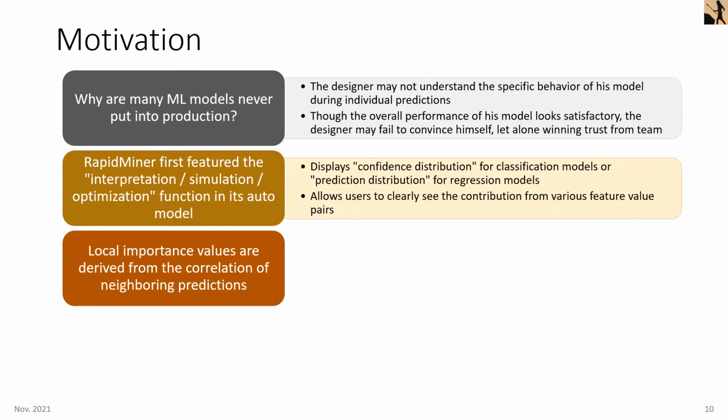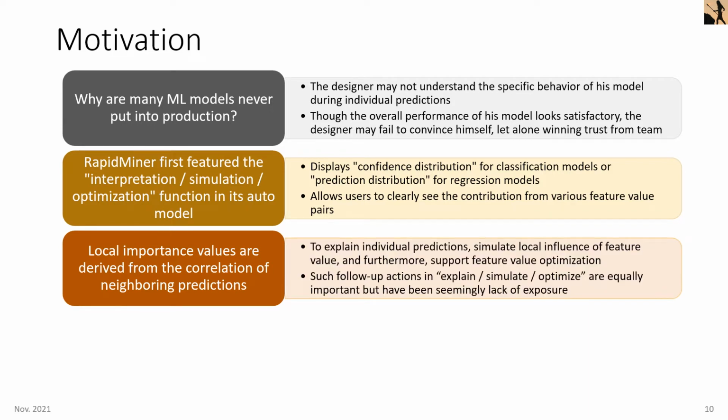Now, the local importance values, where do they come from? They are derived from the correlation of neighboring predictions. This is not a generic whole data set type of property. It's just neighboring predictions, right? So to explain the individual predictions, simulate local inference of the feature value, and furthermore to support feature value optimization.